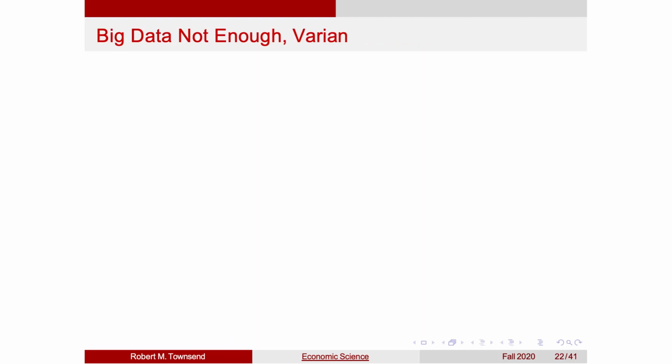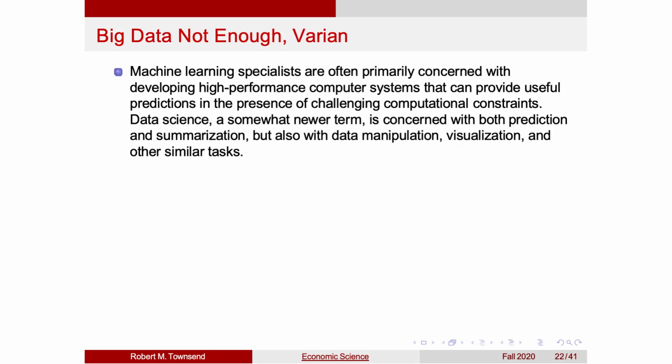So I'm not sure how many of you have heard this term big data. It's quite widely used and attracts a lot of attention, and Varian is talking about that. Machine learning specialists are primarily concerned with developing high-performance computer systems that provide predictions in the presence of challenging computational constraints. Data science is a somewhat newer term, concerned with prediction and summarization, but also manipulation, visualization, and other tasks.